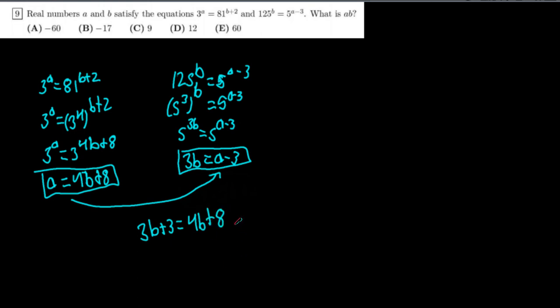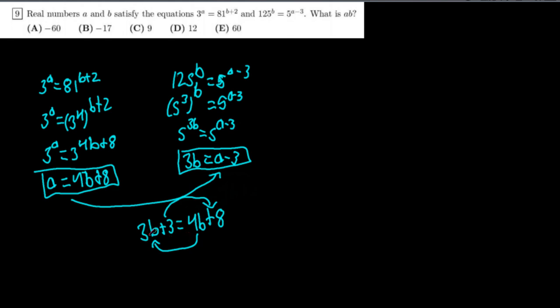Okay, so now we can take this positive 3 and take it to the other side, which makes it negative 3, and negative 3 plus positive 8 equals 5. So we have 5 for the integer, you could say. And if we take this 4b to the other side, that makes it negative 4b.